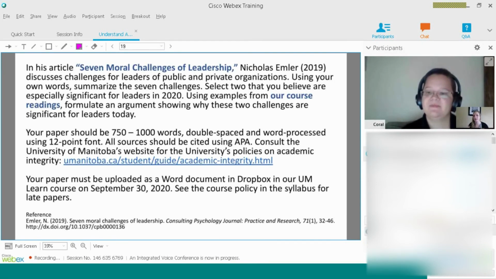And the U of M libraries has a lot of handouts. I believe they're actually the same. They're just linked in different places. And then also a website called OWL Purdue, which stands for Online Writing Lab at Purdue University. That's a great place to go as well. It's pretty in-depth. So those two things are the places that I often go as a student and as a writing tutor.